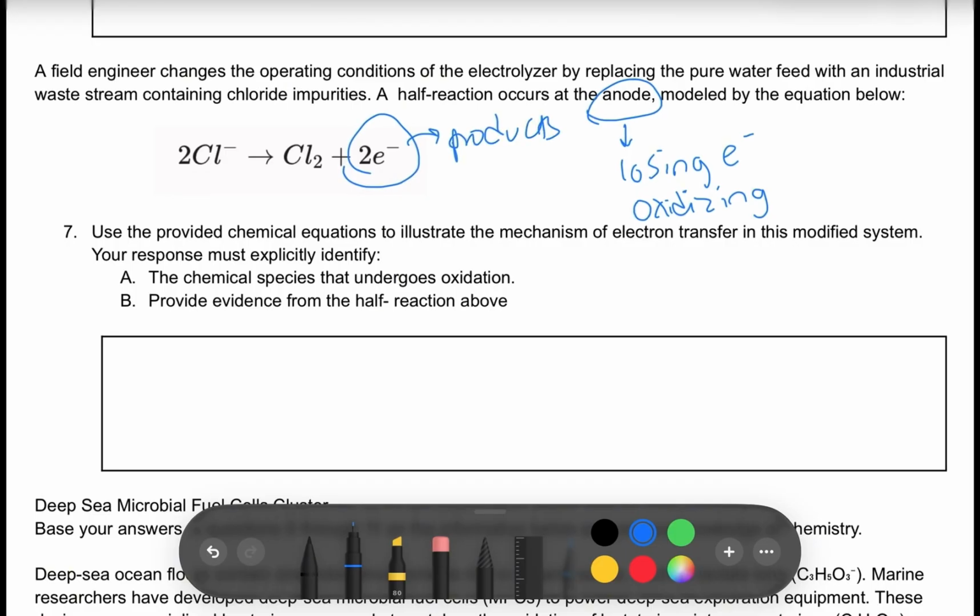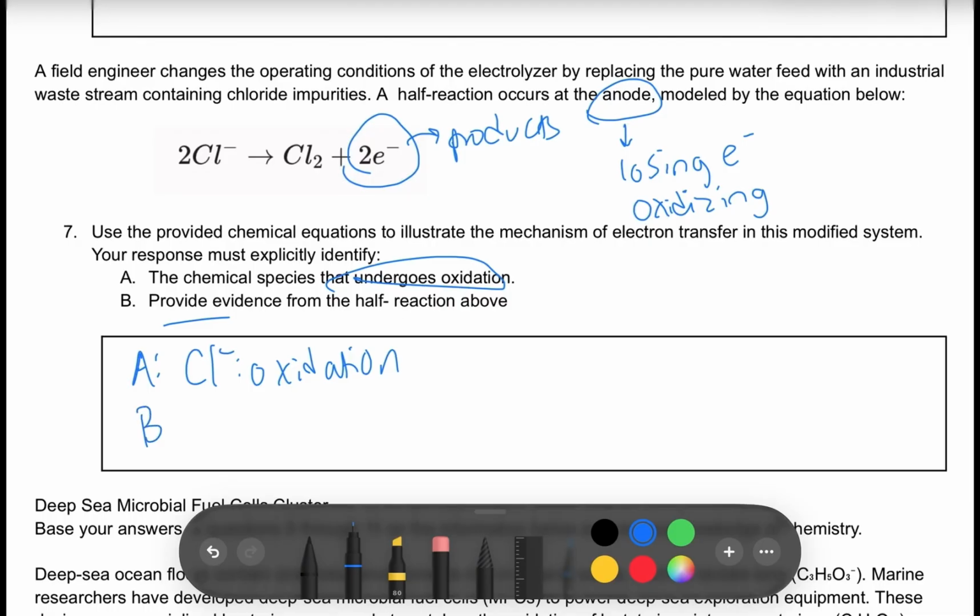So now the question is asking us to identify the chemical species that undergoes oxidation and to provide evidence. So in this case, 2Cl- or Cl- is undergoing oxidation because on the product side we can see that electrons are being released.